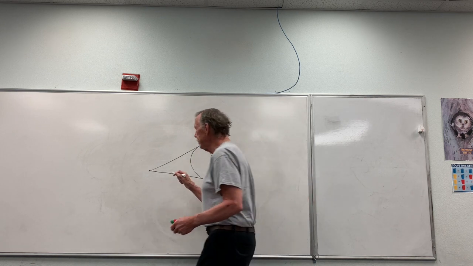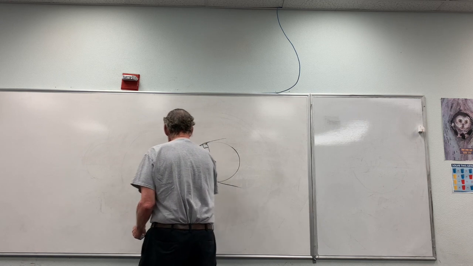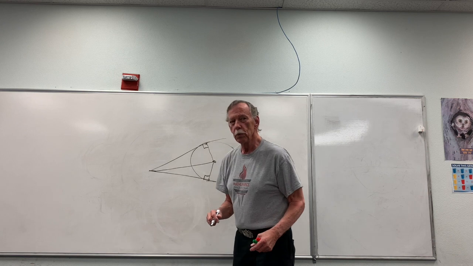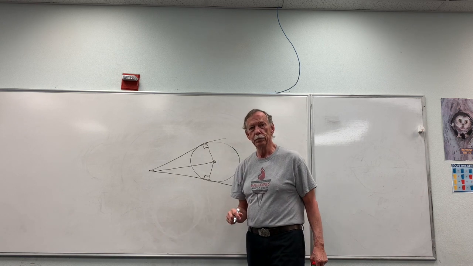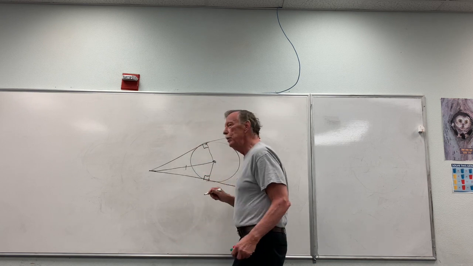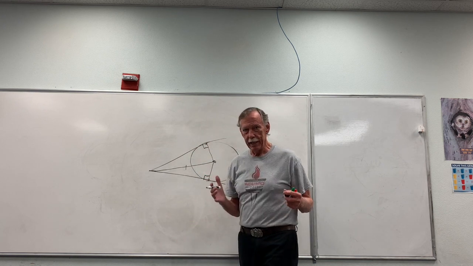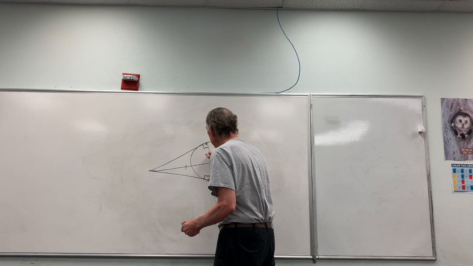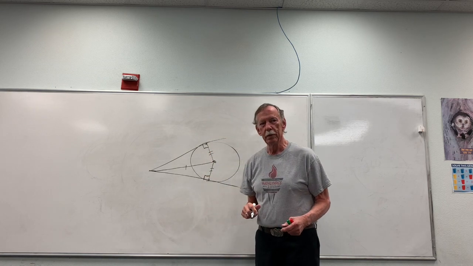If we connect this vertex to the center of the circle, we create two right triangles. This piece is equal to itself. That's the identity property. These pieces are radii in the same circle.